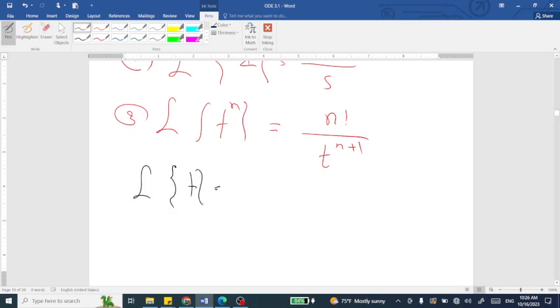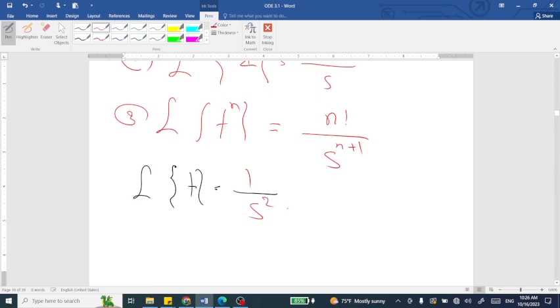For t, it equals 1 factorial over s squared, so it is 1 over s squared.